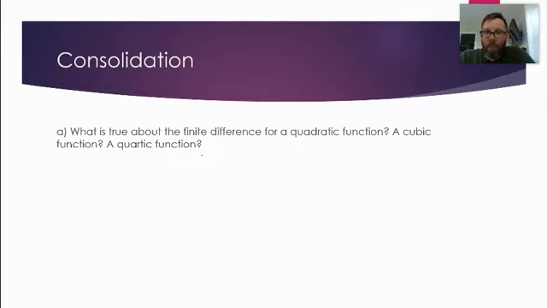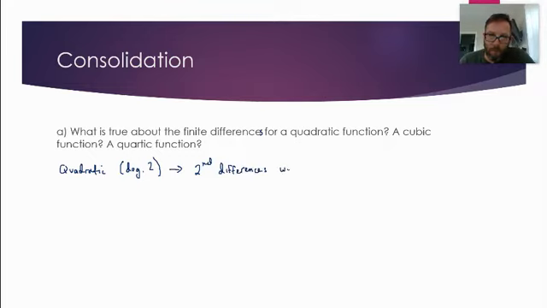But what's true about the finite differences for a quadratic function, a cubic function, and a quartic function? So for quadratic, remember quadratic, degree 2. What's true? The second differences were equal.